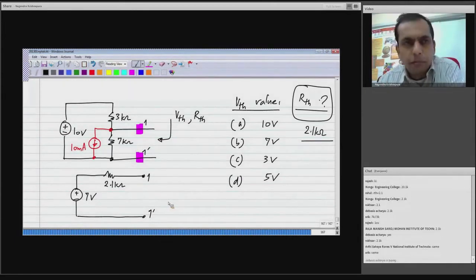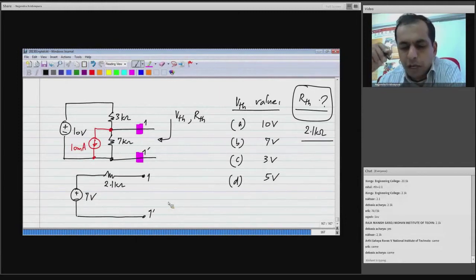At 1 prime, I can represent this new circuit also with a single voltage source and a resistance. Okay. Now my first question is, what will be the value of the resistance in this new circuit? What is the value of RTH?